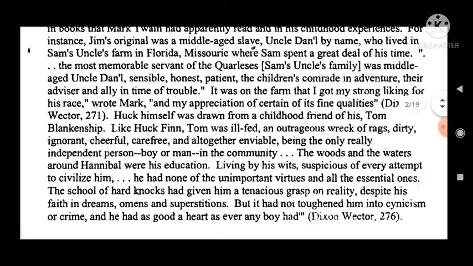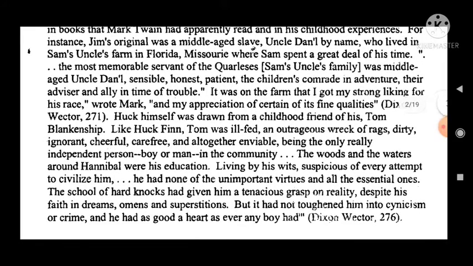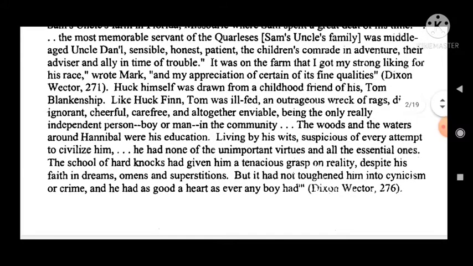The most memorable servant of the querulous Sam's uncle's family was a middle-aged Uncle Dan, sensible, honest, patient, the children's comrade in adventure, their advisor and ally in time of trouble. "It was on the farm that I got my strong liking for his race," wrote Mark, "and my appreciation of certain of its fine qualities." Dixon Wecter, page number 271.